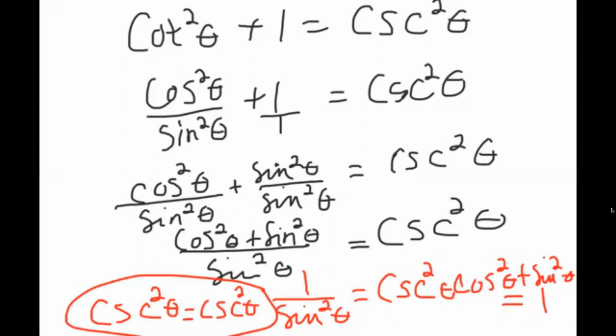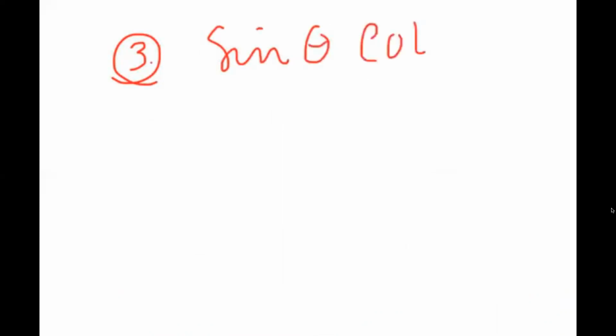So here we go. The next one we're going to do is a basic one where you're just going to have to simplify this. And so when simplifying these, you're not proving one side to the other side. You're just going to simplify just like you would simplify a fraction, okay?